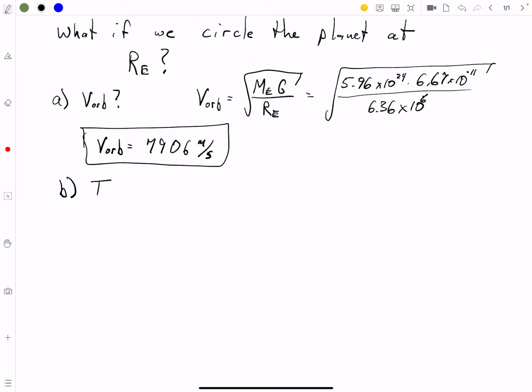So let's do this. We want to find out what the period of rotation would be. So we're going to do our 2 pi times the radius of the Earth, and we're going to divide by V orb.